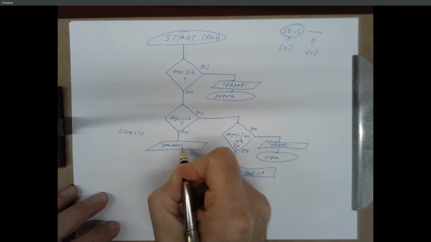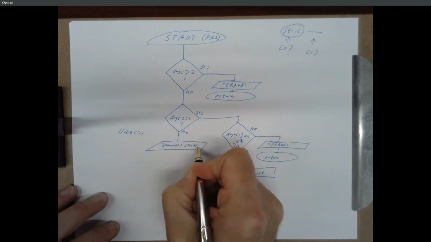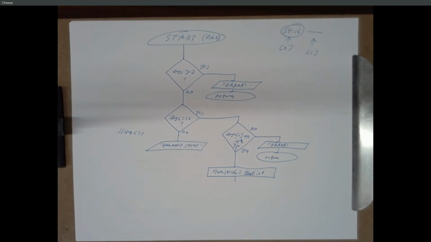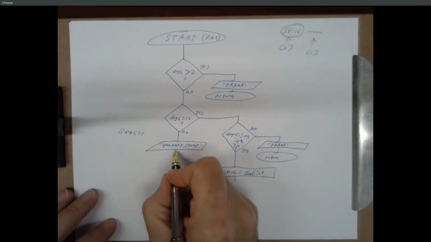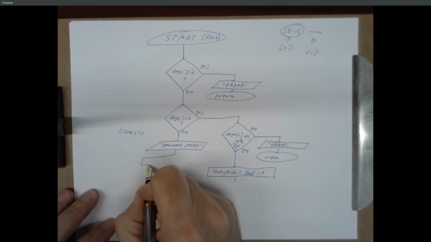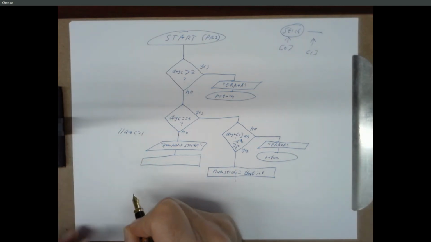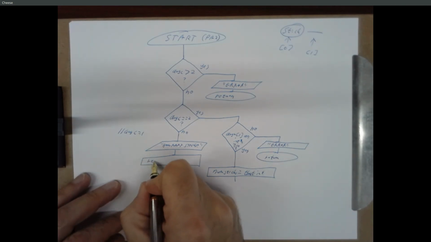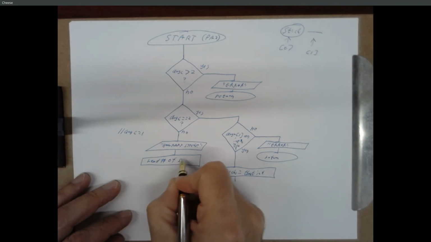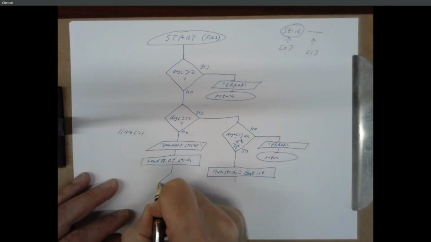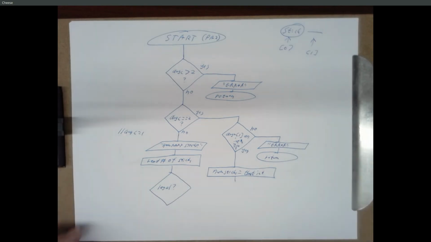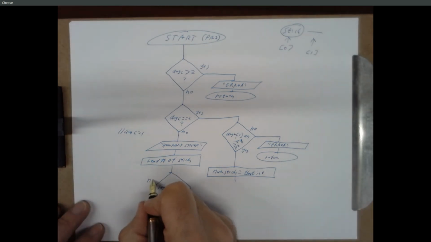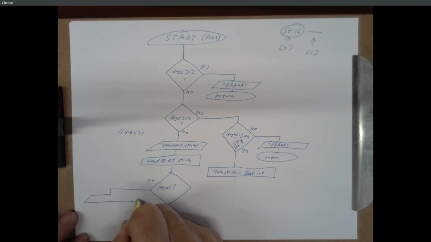So, how many sticks? And we're going to do an fgets and an scanf and so on and so forth. Read the number of sticks. Okay. Did they type something legal? If not, what do we do? Tell them there's an error and return.